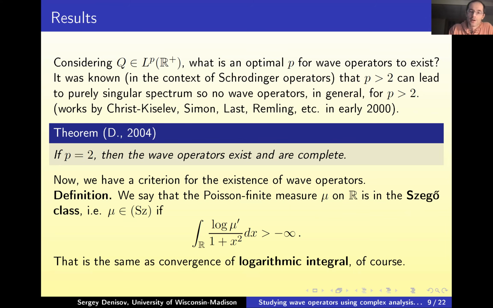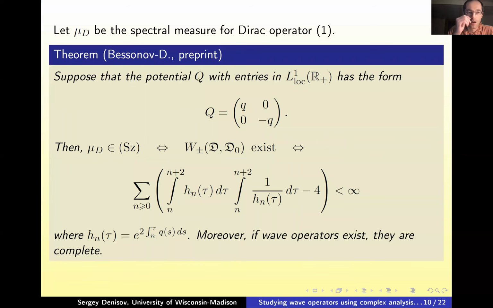Just a remark: if you apply Jensen, you see that this integral is always smaller than plus infinity. If it blows up, it can only blow up to negative infinity. We give this the name Sergey class, but in fact, it is just the existence of the logarithmic integral.